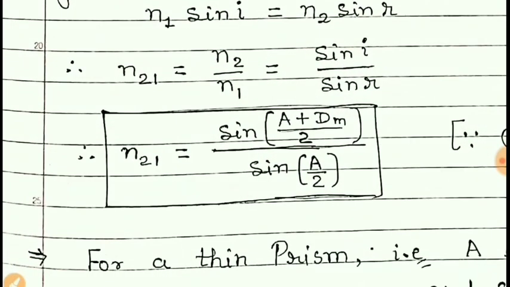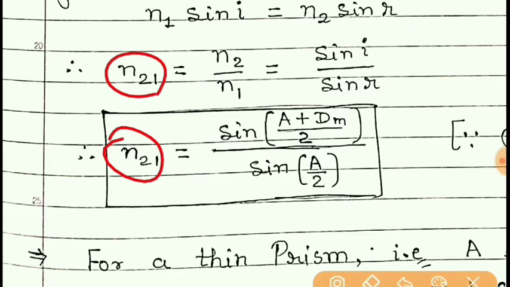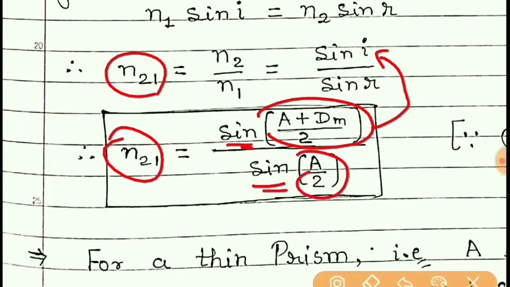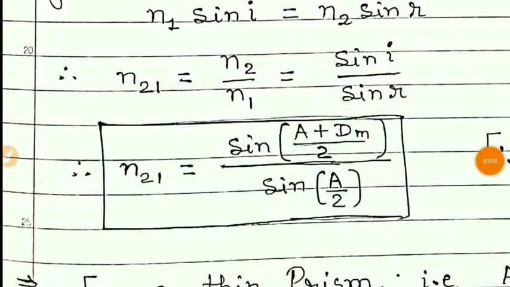So N21 is equal to sin I upon sin R, just putting the values of I and R. So students, this formula relates the angle of prism, the angle of minimum deviation, the refractive index of the glass of which the prism is made, and the refractive index of the medium in which the prism is kept.